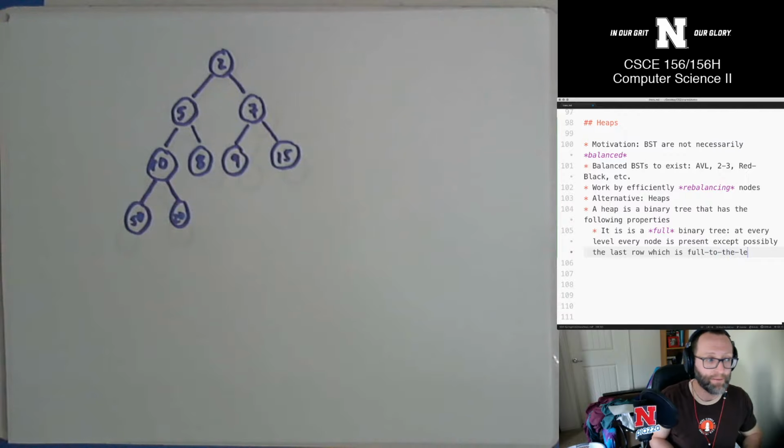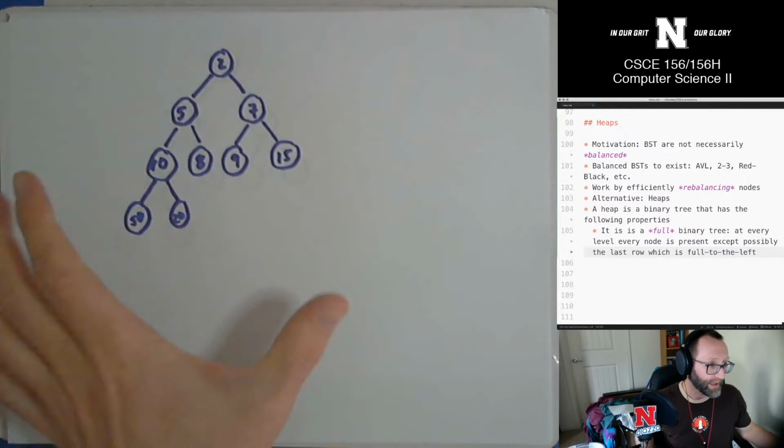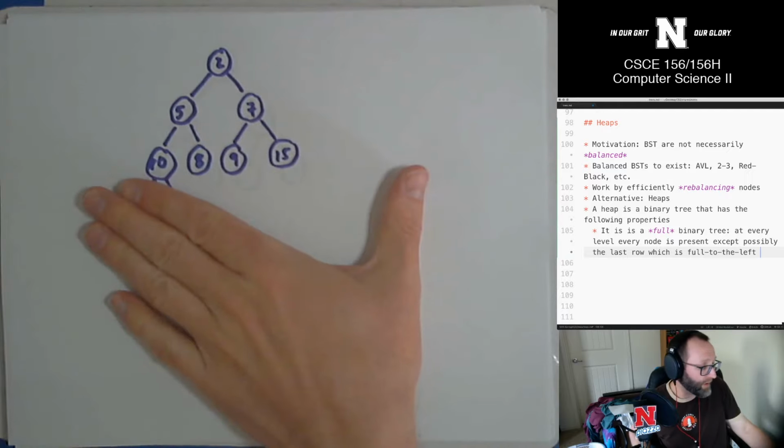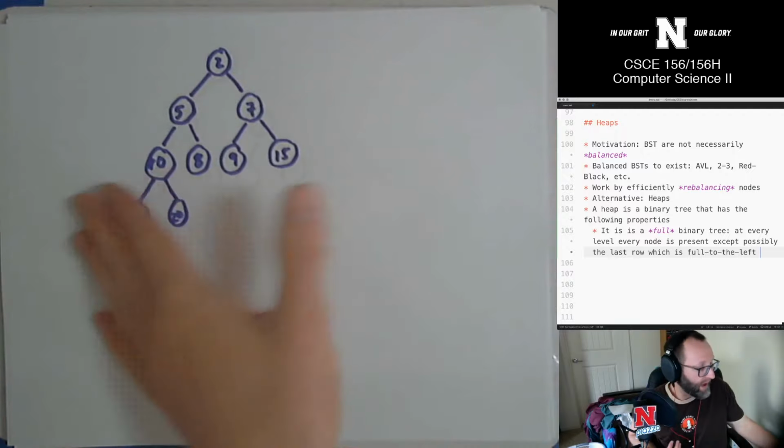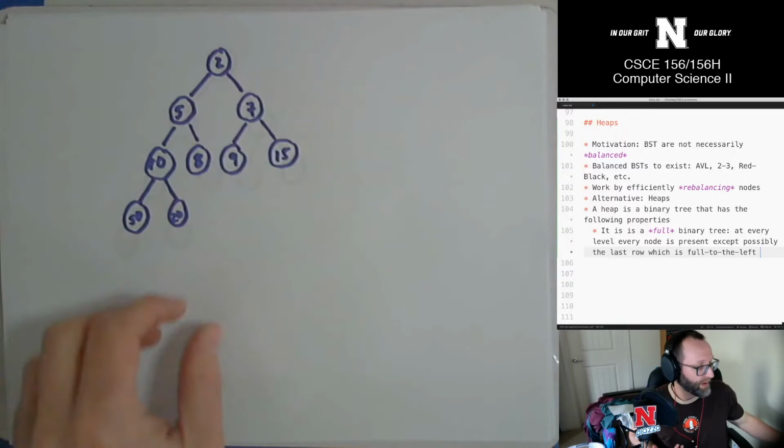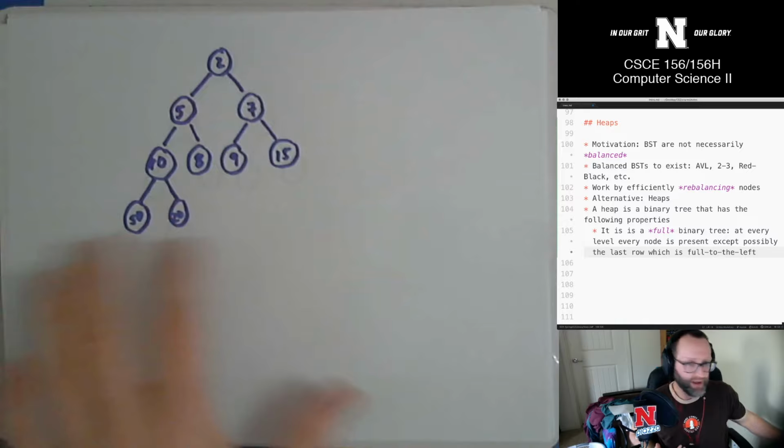So conceptually, over here we've got a heap. It's full. Every level up to the last, every single node is present. You can phrase this another way: from level 1 through whatever, everything has both children, except possibly the last level, and the last level is full to the left.